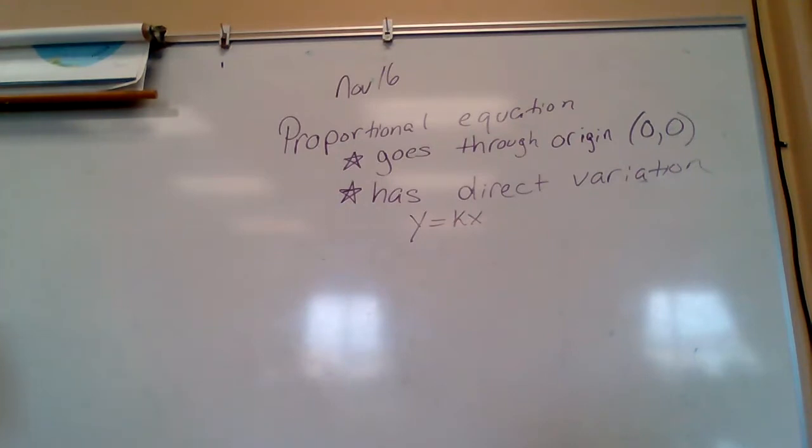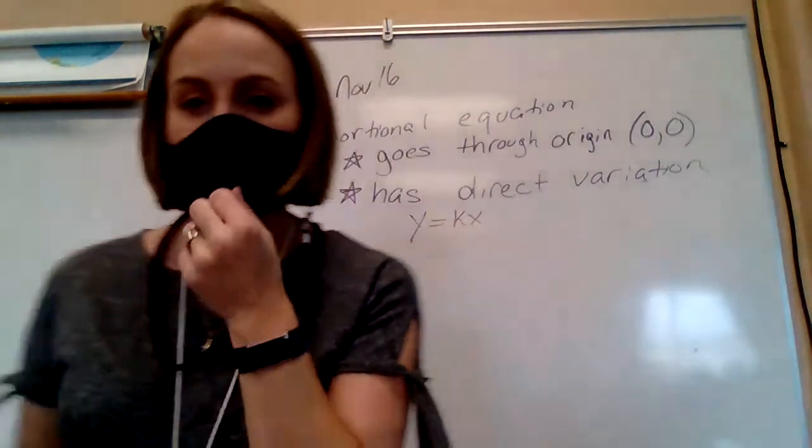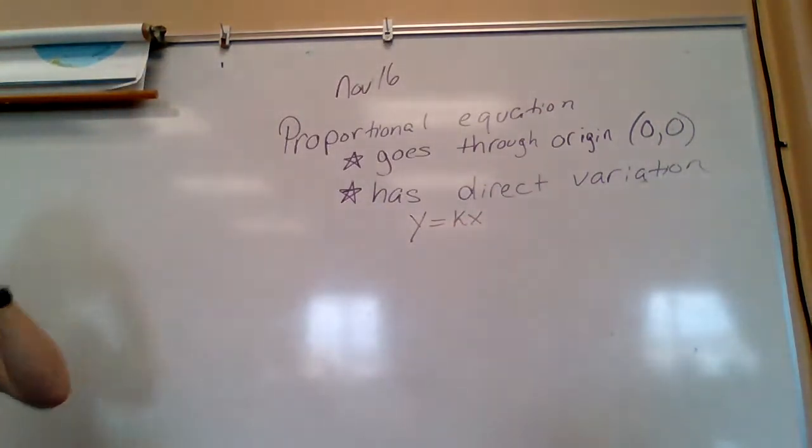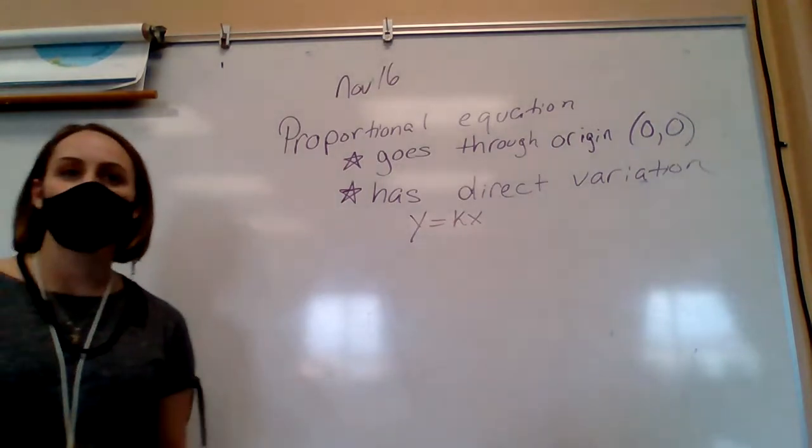What do you mean a direct variation? As one goes up, the other goes up. Okay, has a direct variation. So that means that as one goes up, the other goes up. If one goes down, the other goes down.